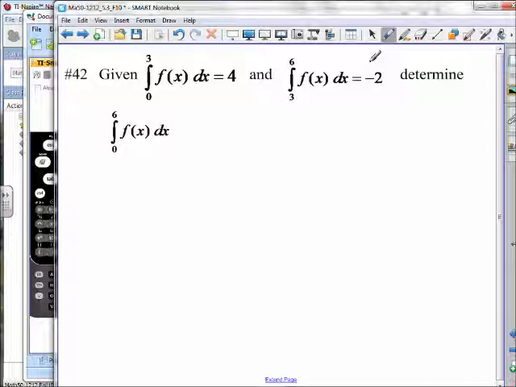Whatever this function is, it dips below in this case. Determine the integration from 0 to 6. You've got 0 to 3, 3 to 6, so the integration from 0 to 6 is going to be what? Integration from 0 to 3 plus the integration from 3 to 6.